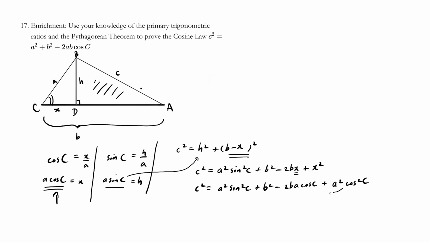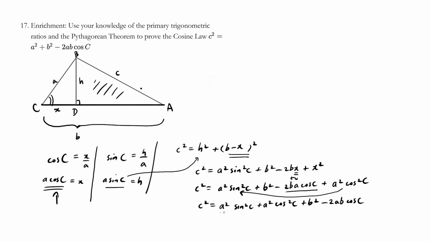So we're going to move this term over here. c squared equals a squared sine squared c plus a squared cosine squared c plus b squared minus, we're just going to copy this part here, but we're going to switch a and b, minus 2ab cosine of c.